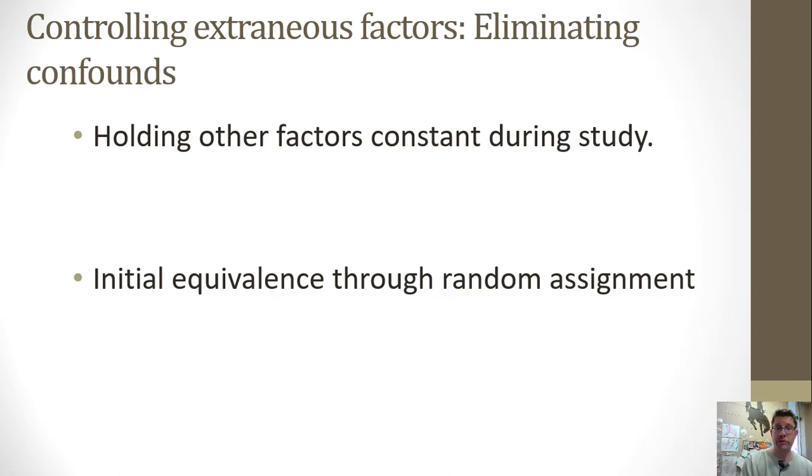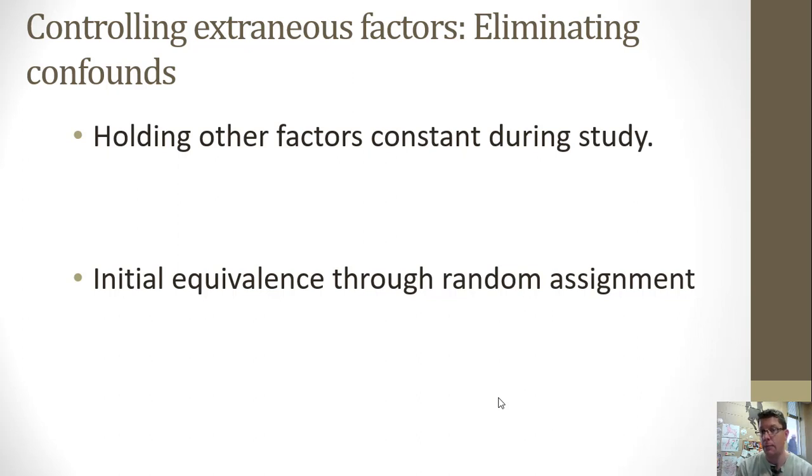So if I do both of these things, I can show the four conditions needed to establish cause and effect. I can show that the independent and the dependent variable relate. Specifically, I could show that the Red Bull group scored higher than the non-Red Bull group on exam performance. That would show that there's a relationship between my variables or covariance.